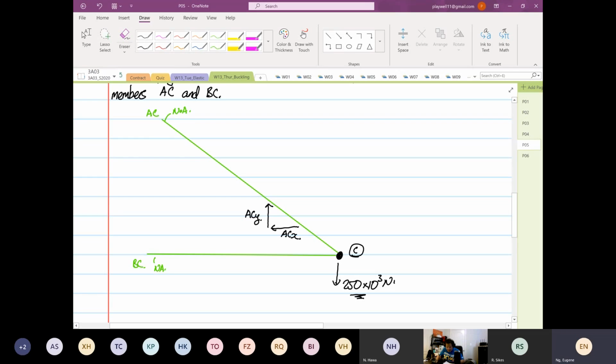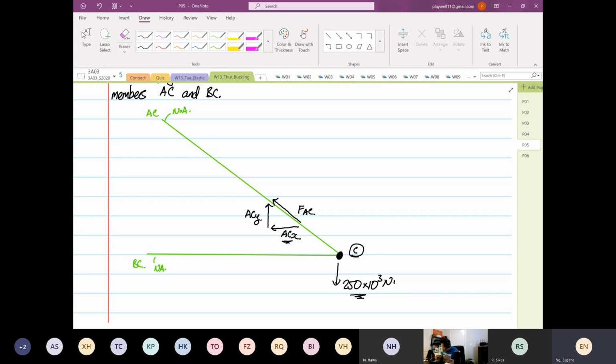So we know that we have a force down here, which is acting exactly on the neutral axis, and this is known as our FAC. Now, the problem is what? We have ACX. ACY is preventing the 250 from coming down, but we inherit a problem known as ACX.